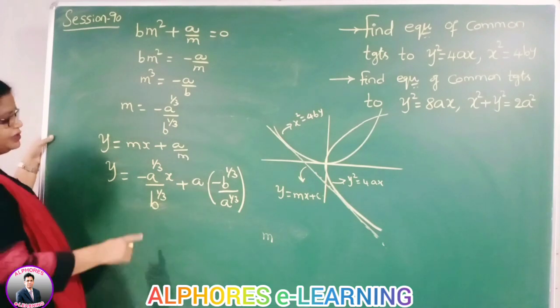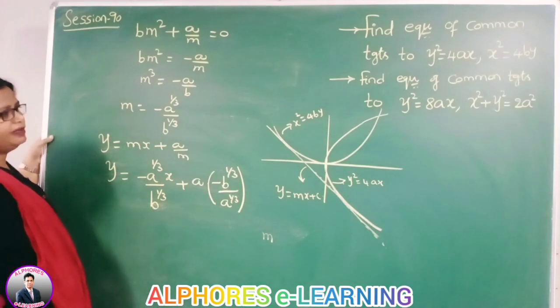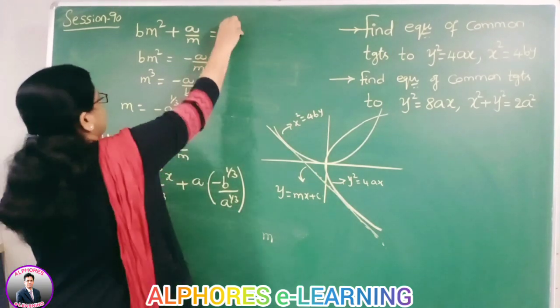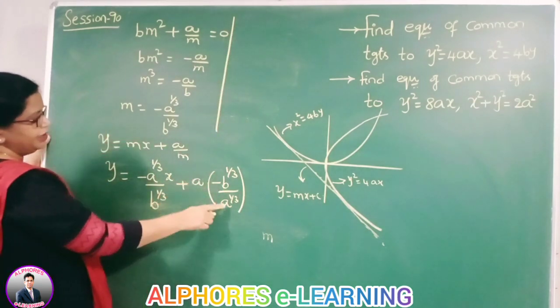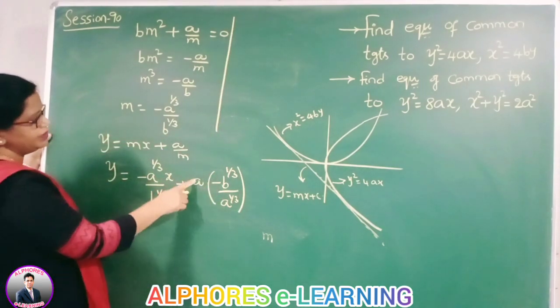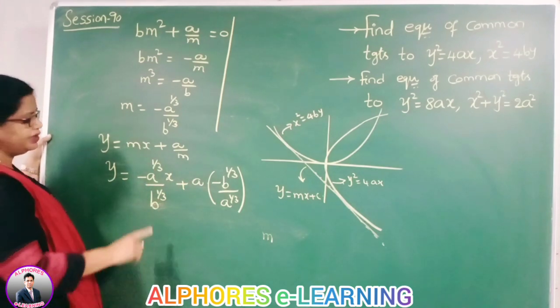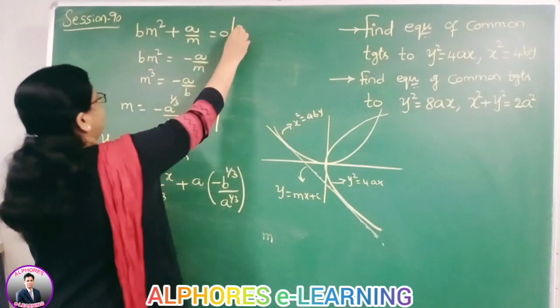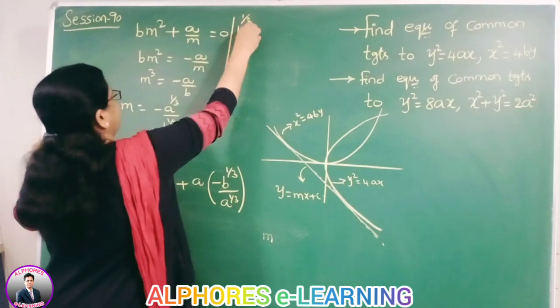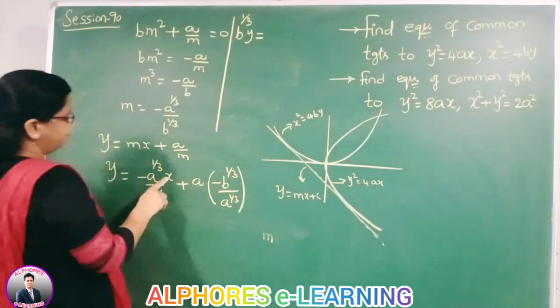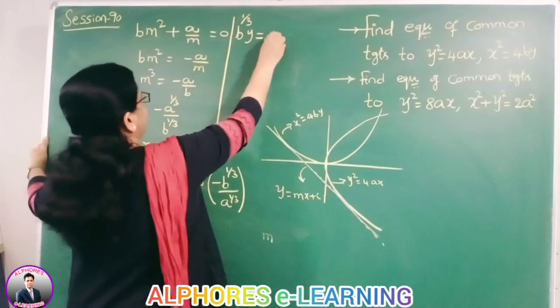Now let us take b power 1 by 3 as LCM. Here a by a power 1 by 3 gives a to the power of 2 by 3. Then we get b power 1 by 3 into y is equal to minus x a power 1 by 3 plus a to the power 2 by 3.